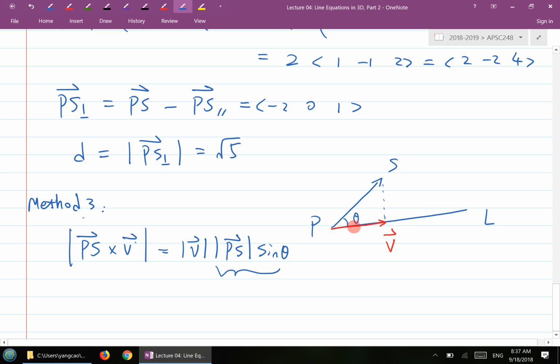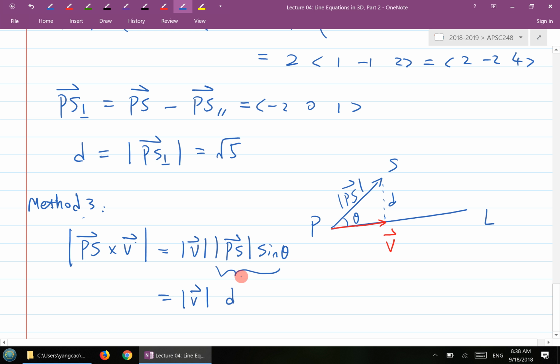If I create a right triangle here, PS is the length, the hypotenuse, right? And when you use that length times sine theta, guess what we get? We get this opposite side, the D, which is the shorter distance D, isn't it? So this is essentially the D we're looking for.